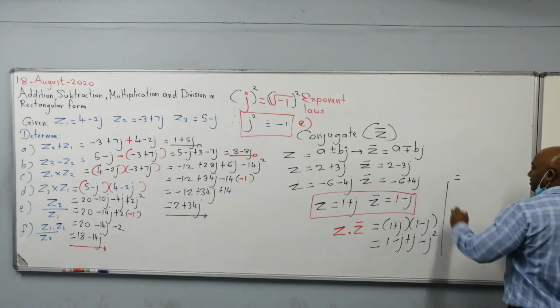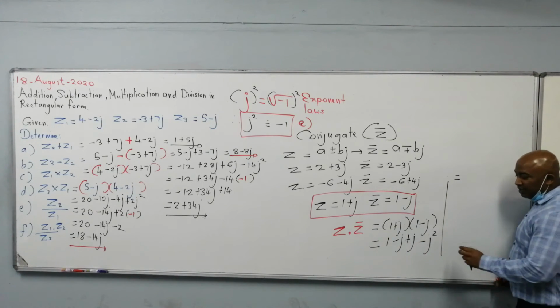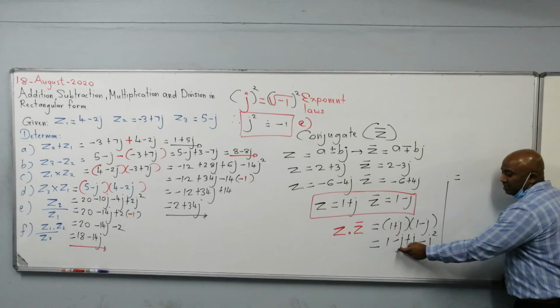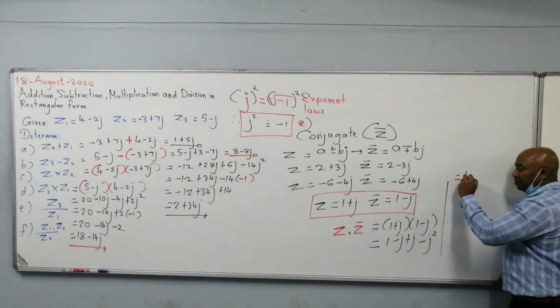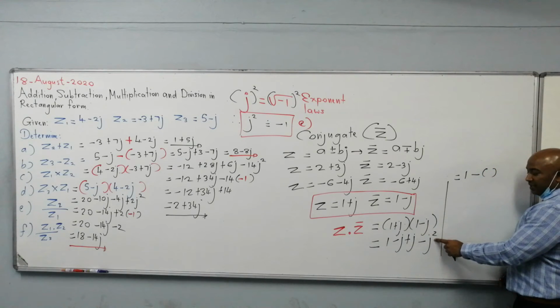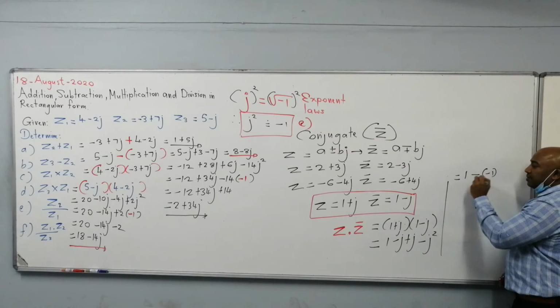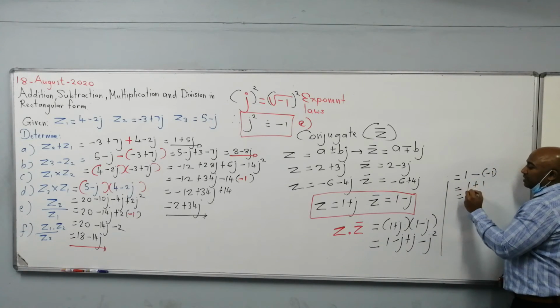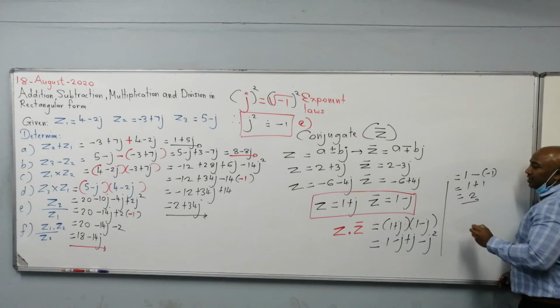So now, what do you notice here? It's out, 0. Minus j plus j is 0. So I'm left with 1 minus j squared. But what is j squared? Minus 1. So now 1 minus minus will give me plus, and 1 plus 1 is 2.